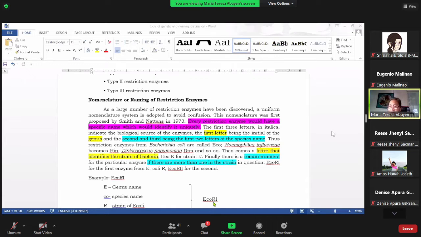So R stands for strain R in Escherichia coli. In EcoRI, what does the R stand for? The strain of E. coli, strain R.